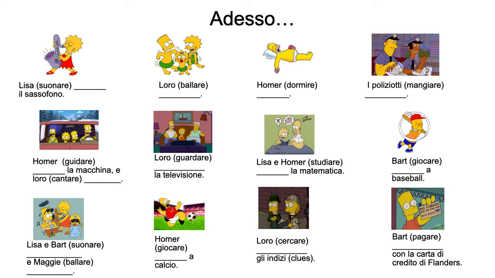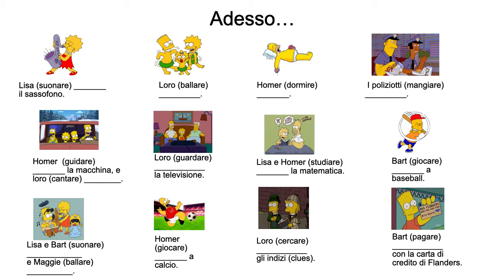So let's complete these sentences with the correct form of the verb between brackets, but not in passato prossimo, in the present. Right? How do we do that? We follow the rules of conjugation for regular verbs that we learned, right? Get rid of the last 3 letters and then insert the correct ending for the subject.